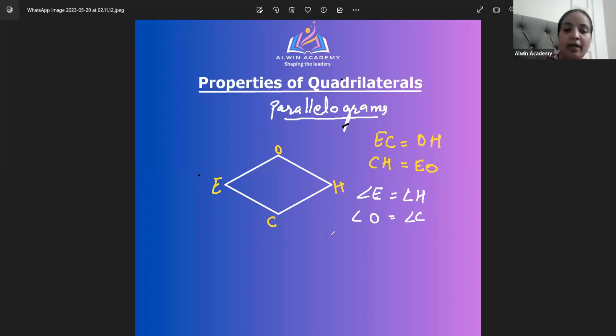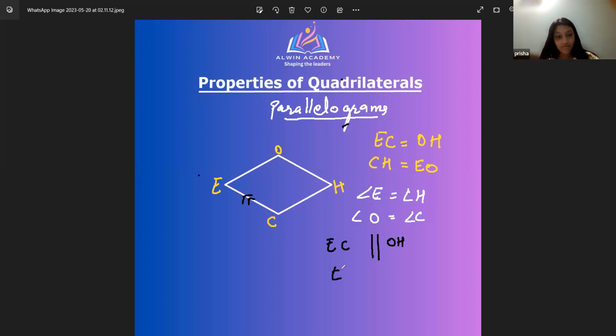Now, when I say that opposite lines are parallel, EC is parallel to what? OH. And the other pair of parallel sides? EO is parallel to CH. Very good. Now name the diagonals that are there in this diagram.